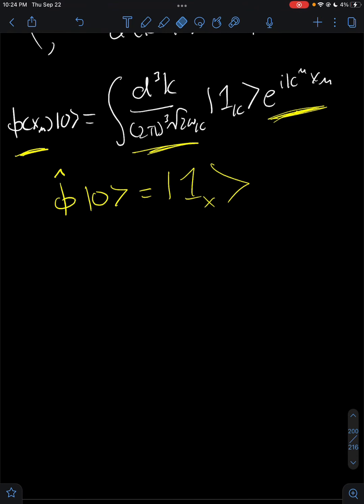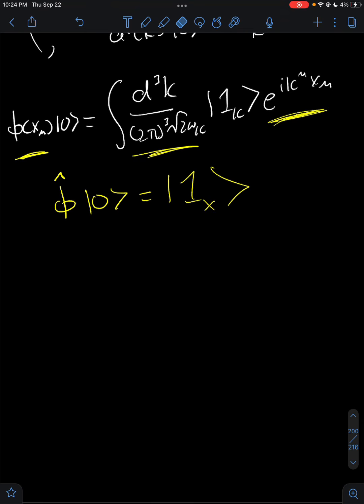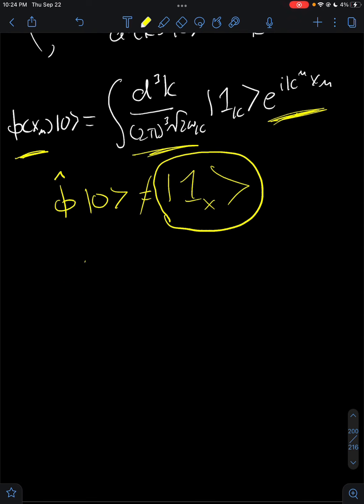Now, technically speaking, for those who have already studied quantum field theory, you may know that this is actually a lie. It's not true that the field acting on the vacuum state is a perfect position state, because if we were to project the position state along itself, you would not get a delta function. Instead, you'd get something approximately equal to a delta function.